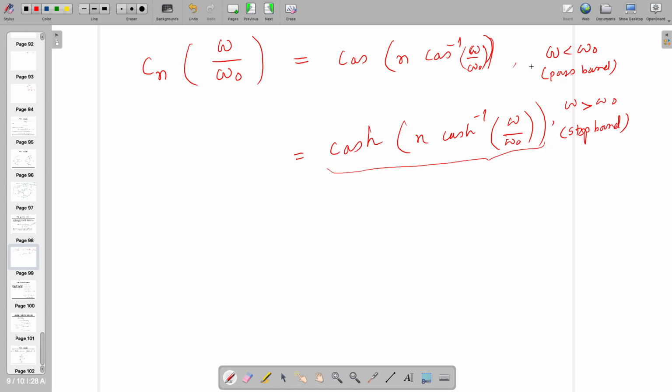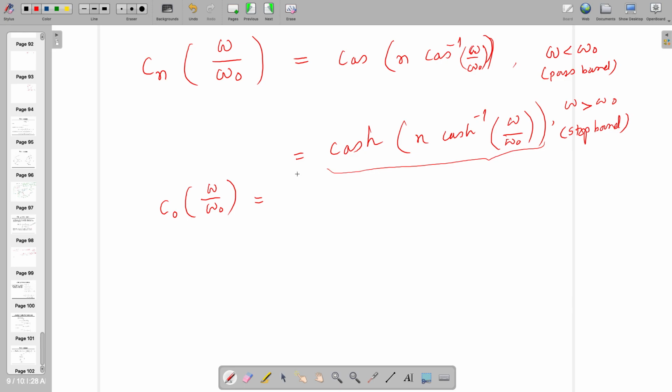So just for the first part, when you are in the passband, if I want to find out C0 of omega by omega 0, what will be the value? I need to replace n with 0, and n is the order of the system.